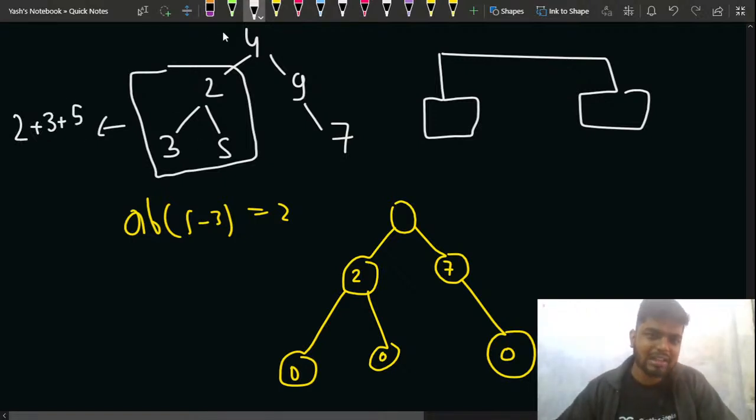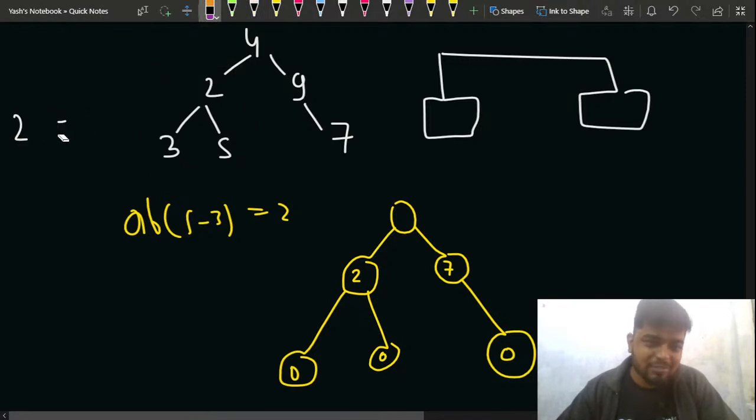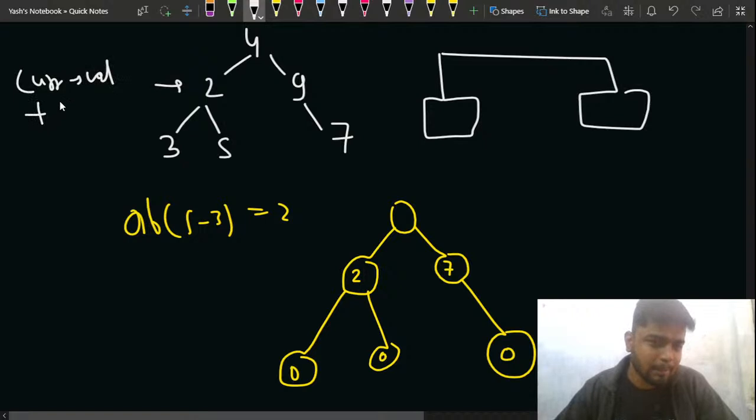If this is the current node, then its weight is the current value plus the left child plus the right child.